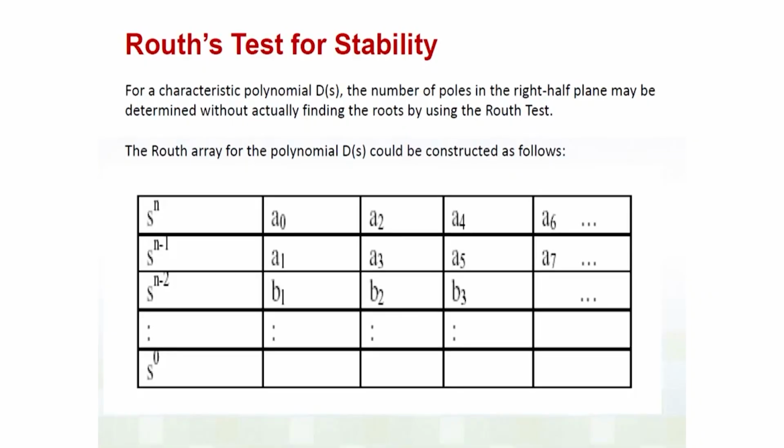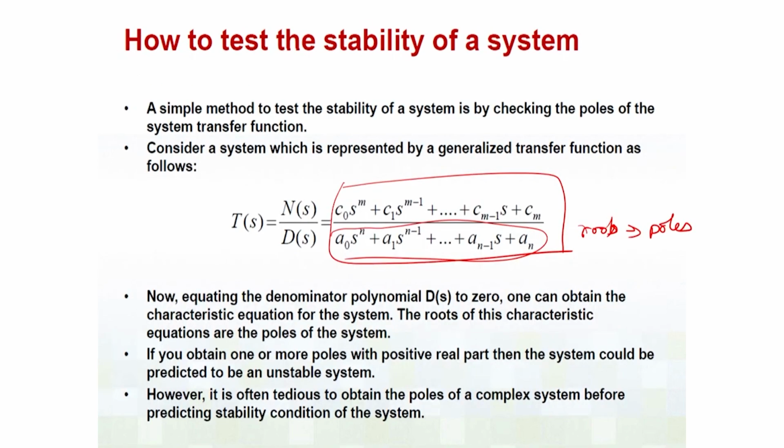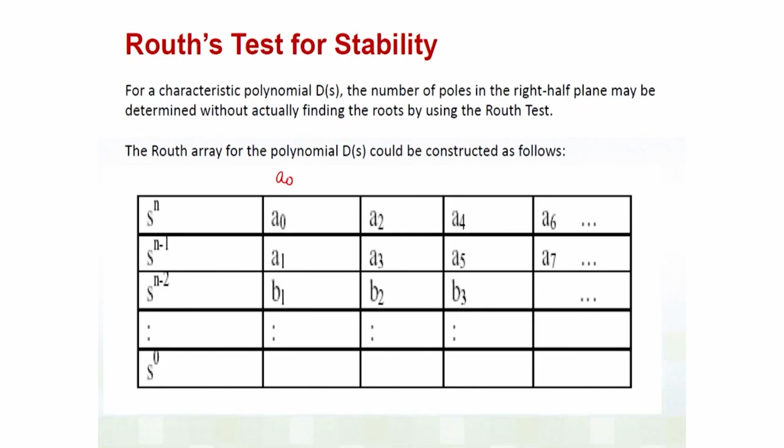If your system can be written in terms of a polynomial, the denominator polynomial will be a0 s to the power n plus a1 s to the power n minus 1, and so on up to an. Then in the row for s to the power n, we can construct a0 and then a2, every alternate term: a0, a2, a4, a6, and so on.